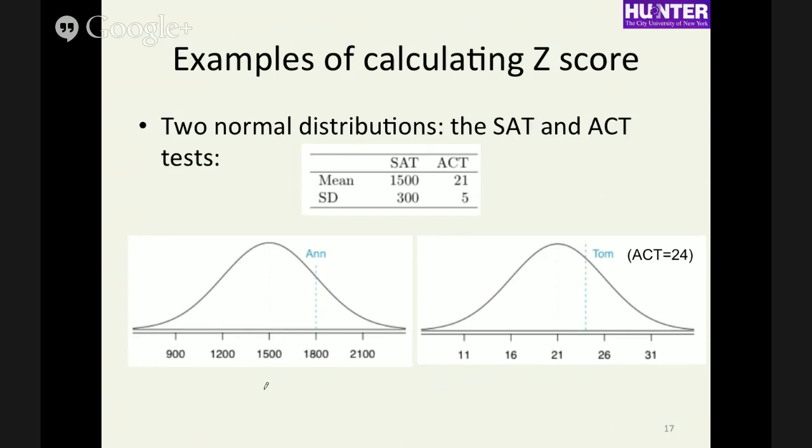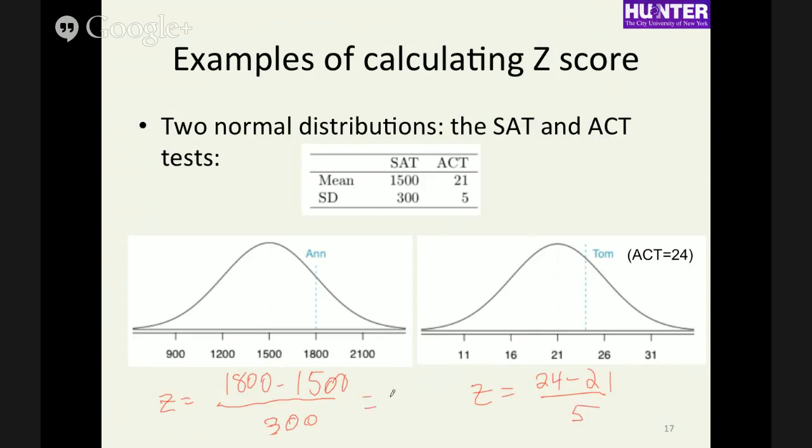So let's see. For Anne, z is something like 1800 minus 1500 over 300. For Tom, it's 24 minus 21 over 5.